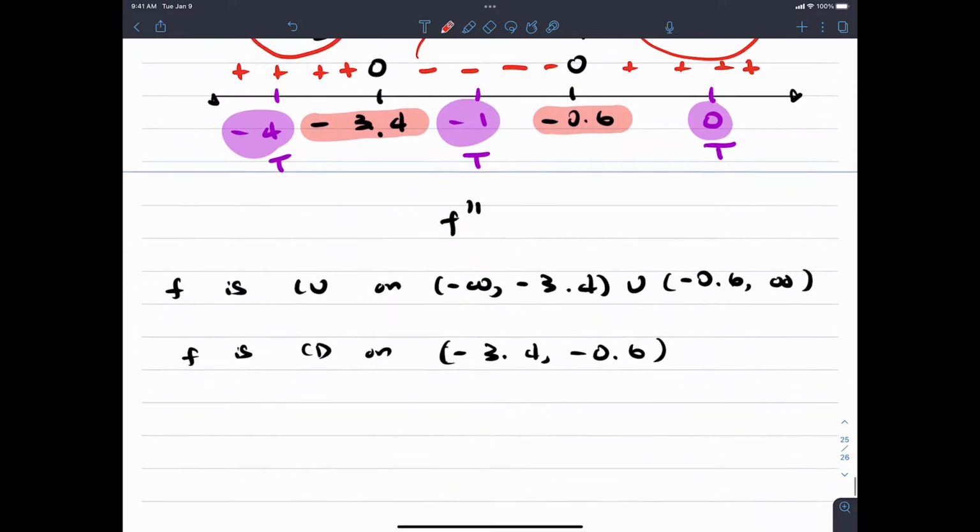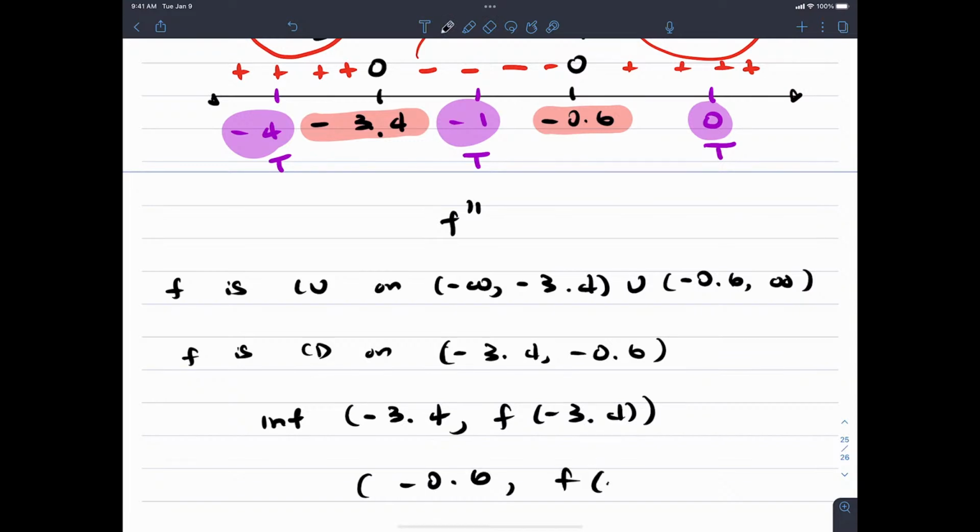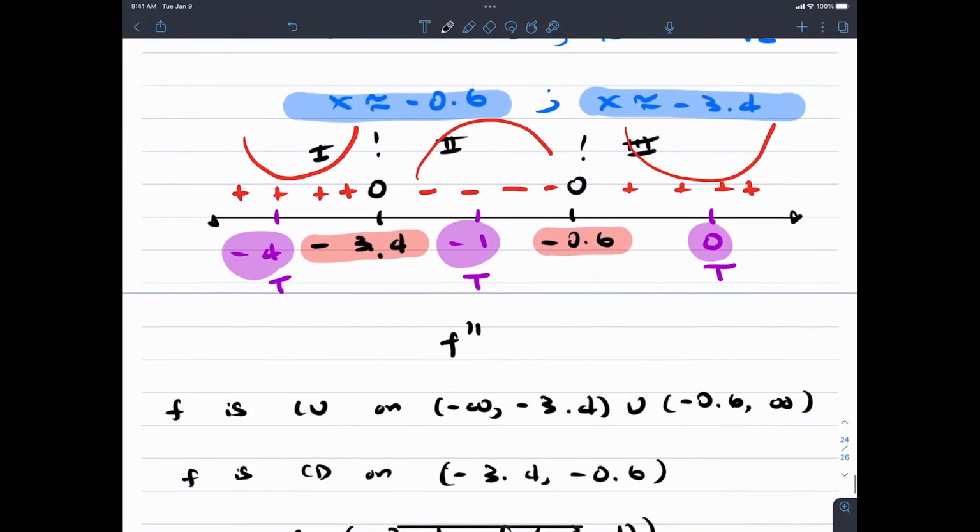So inflection points, if you guys remember from Calculus 1, they happen at negative 3.4, comma, f of negative 3.4, and the other one is at negative 0.6, you're looking at the picture, and f of negative 0.6. You guys can use the symbolic values or the decimals. Inflection, inflection. And that's the analysis that you do on the second derivative from Calculus 1.